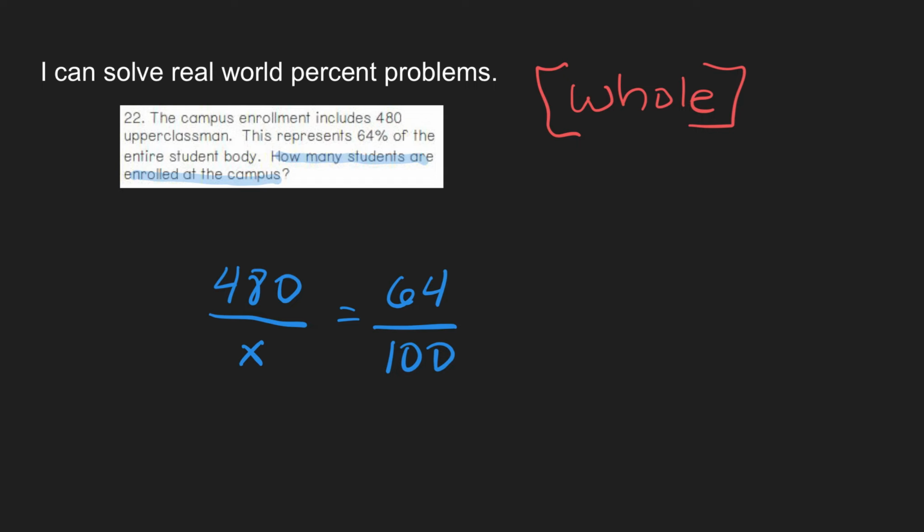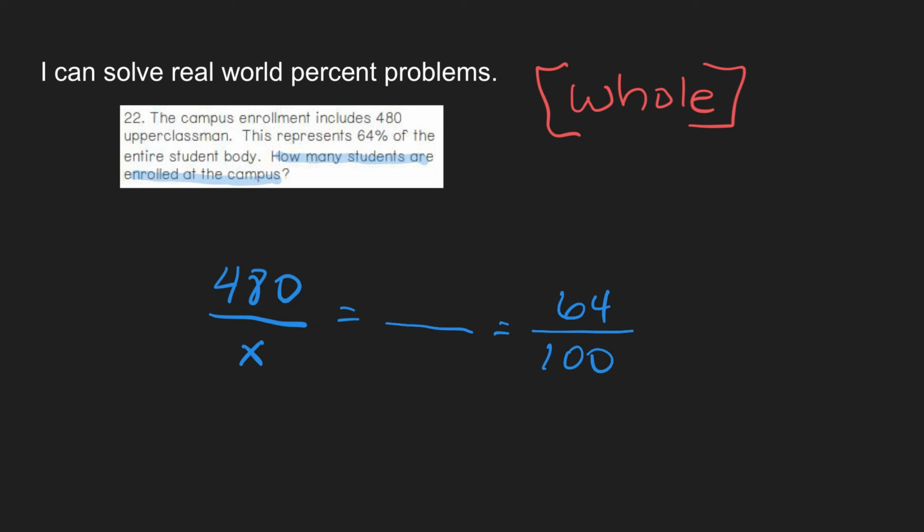All right, so we could just do 480 divided by 64. That would work. Or, you know what I might do? I might do an in-between here. Maybe, I don't know. Let's see.